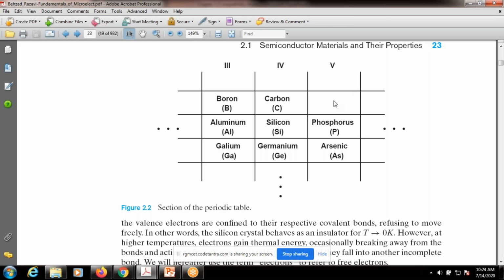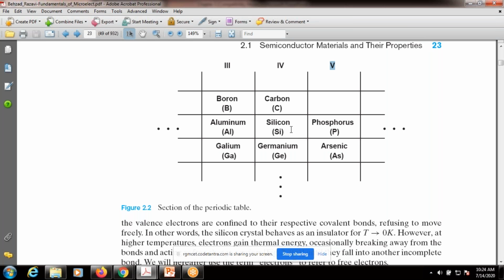Suppose we form an n-type semiconductor, we introduce fifth group elements. We introduce some atoms into the intrinsic semiconductor so that it becomes an impure semiconductor, also called an extrinsic semiconductor. We are adding some impurity materials. Previously it was pure silicon containing only silicon atoms.